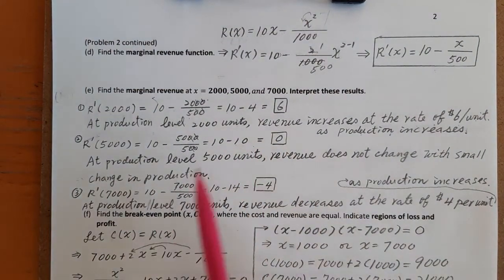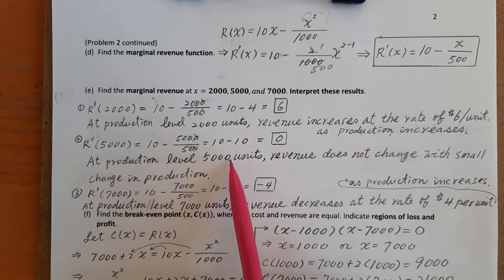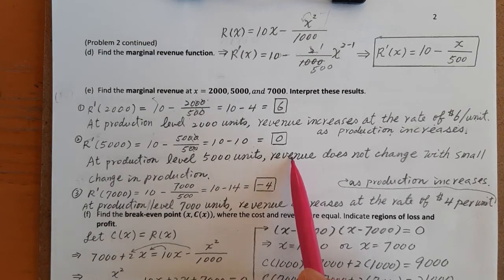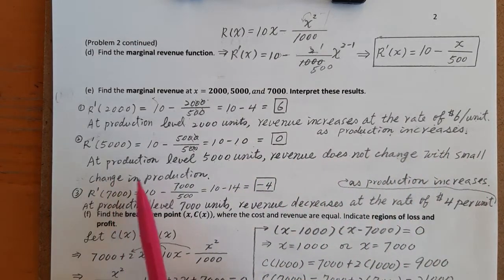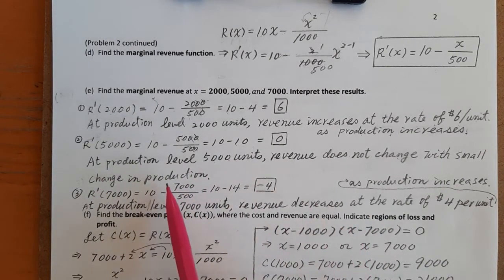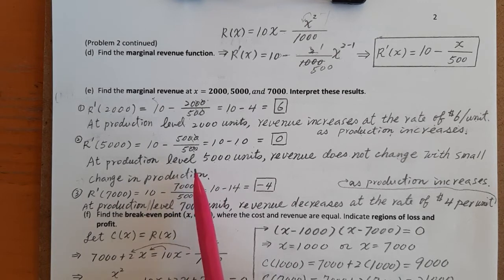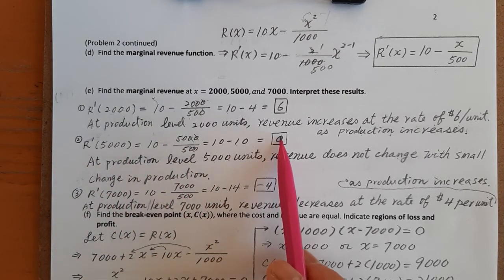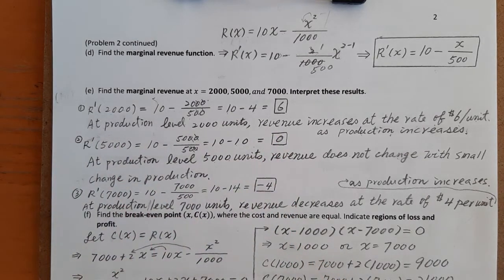That means, interpret the result: at production level 5,000 units, revenue does not change with a small change in production. If you produce 1 more headphone, then the revenue doesn't increase. Your income doesn't increase at 5,000 level production.